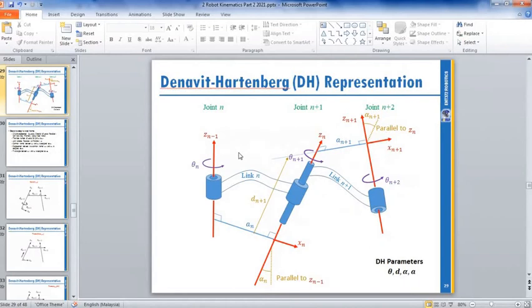But after you do a simplification of the matrix, you also get 1 matrix. Sorry, for the homogeneous transformation matrix, you multiply the matrices, so you also have 1 matrix. Oh, sorry, it's the same. After you multiply all 6 matrices, you also get a single matrix for your controller.